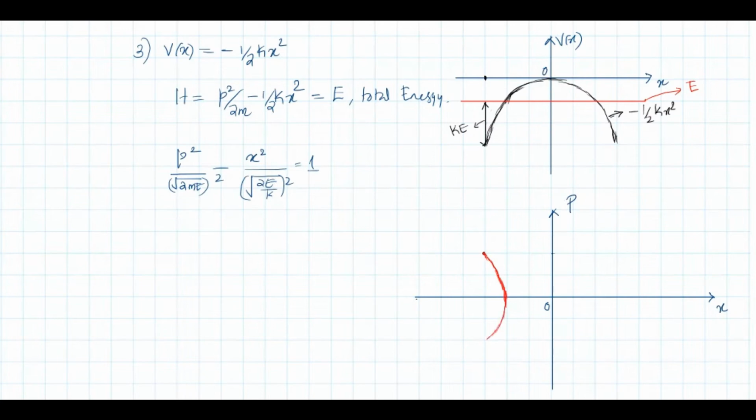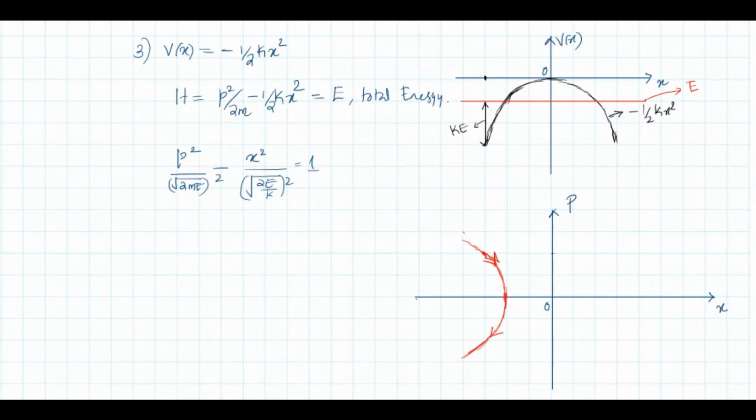The particle comes from a negative x value and can reach only up to this point, then it goes back. It will come from this point, arrow like this, and go towards this point.